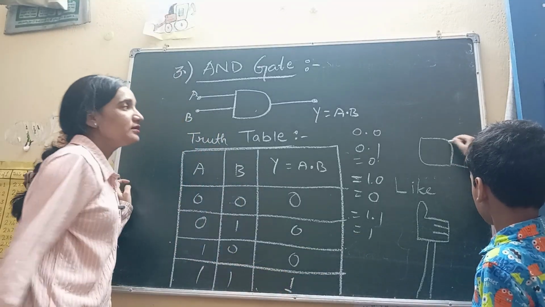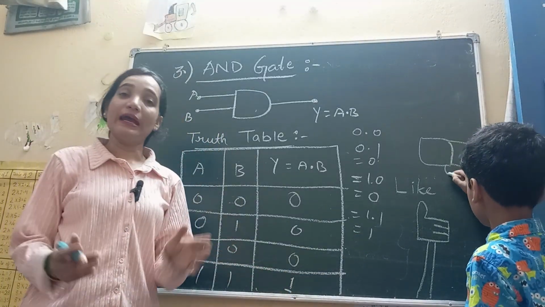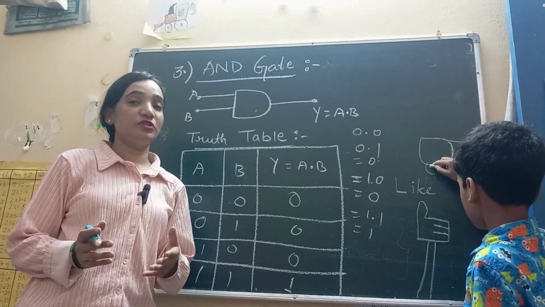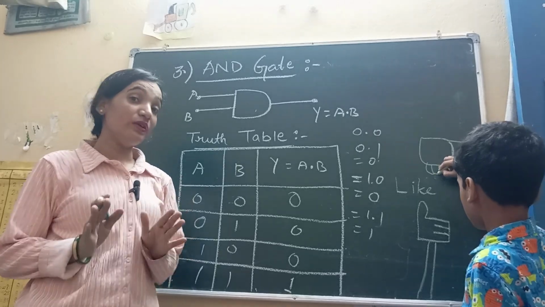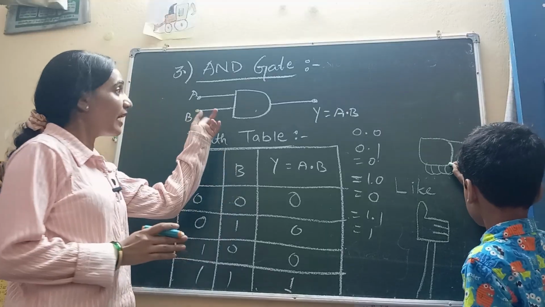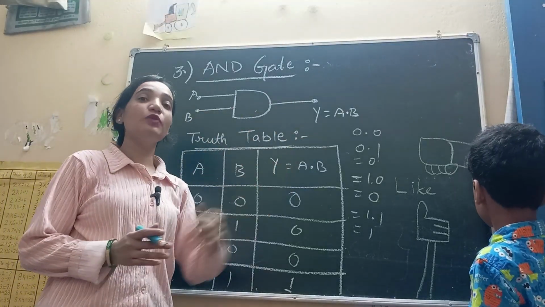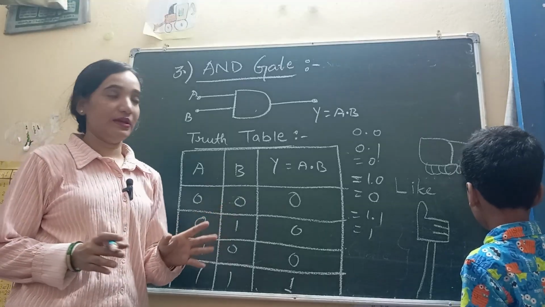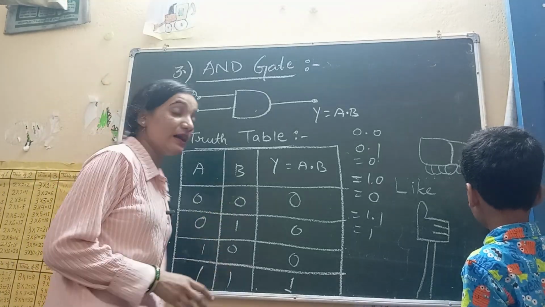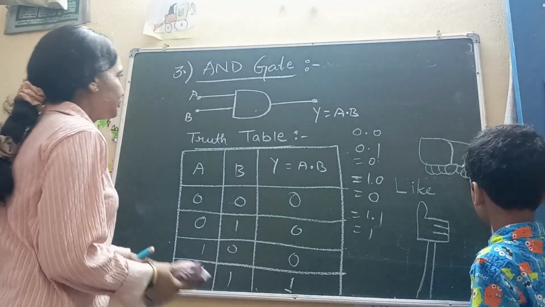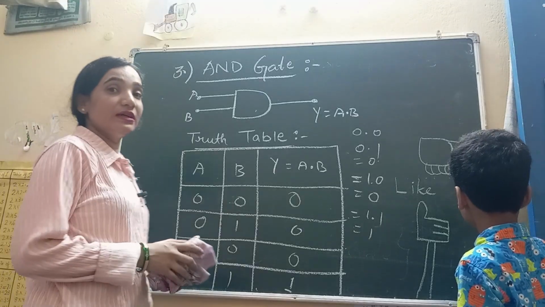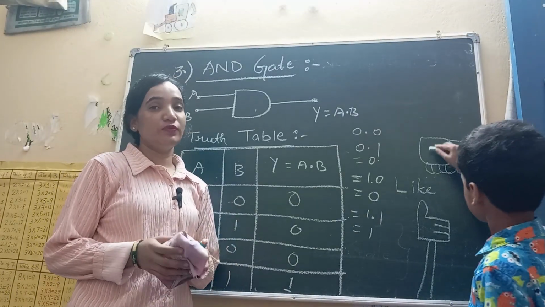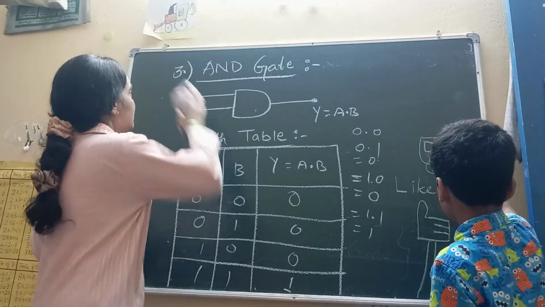So in AND gate we get the output high only when all the inputs are high. So this is our AND gate. We have now discussed all three basic gates. Now let us move to universal gates.